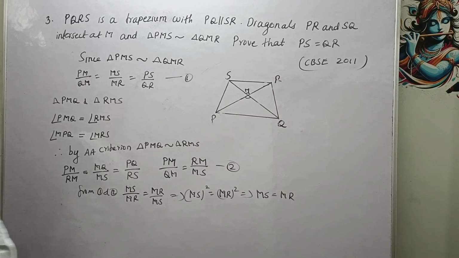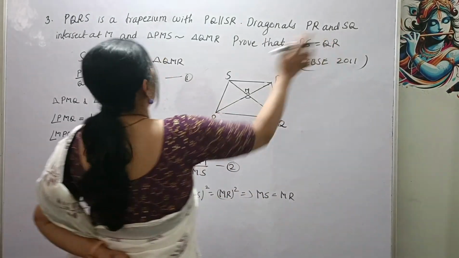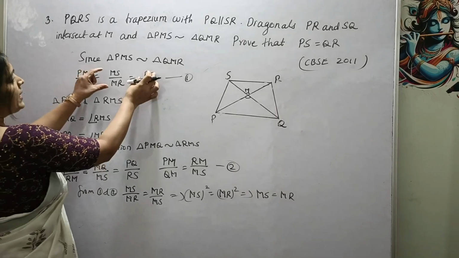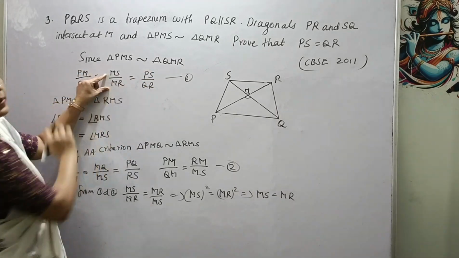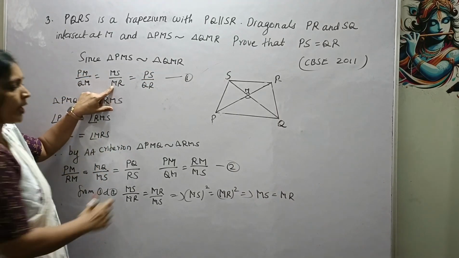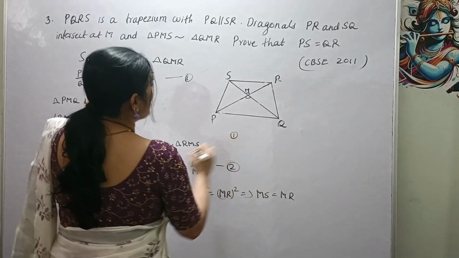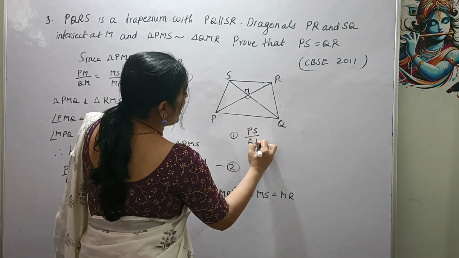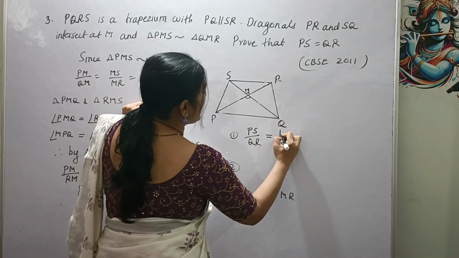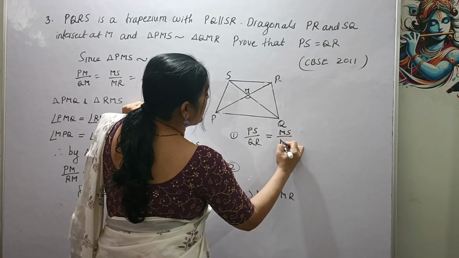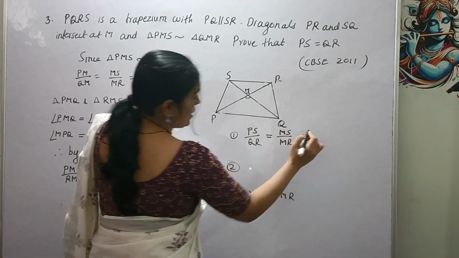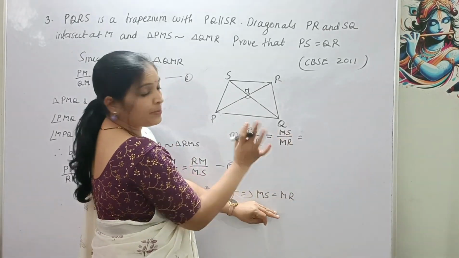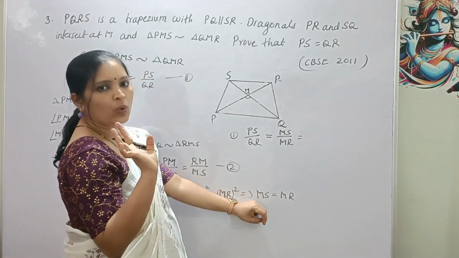Okay. Now what we have to prove? We have to prove PS is equal to QR. See here, PS by QR is equal to MS by MR. From equation 1, PS divided by QR is equal to MS divided by MR. See, MS is equal to MR. That means MS by MR is equal to 1.